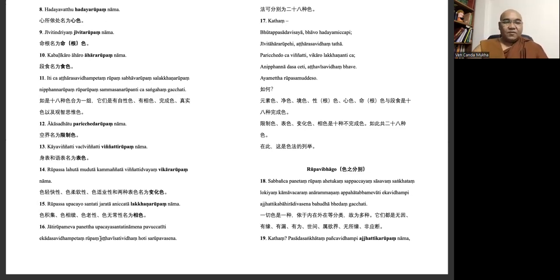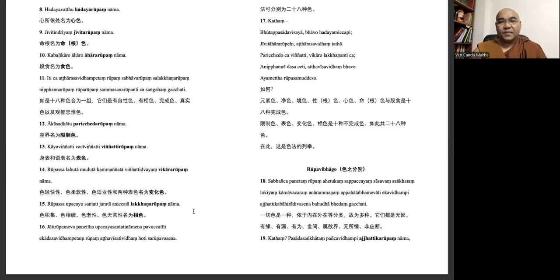After that, altogether how many? Rupa is 28 kinds. Okay, 28. Atthavisati vidham, in terms of enumeration, individually we can count as 28 Rupas.